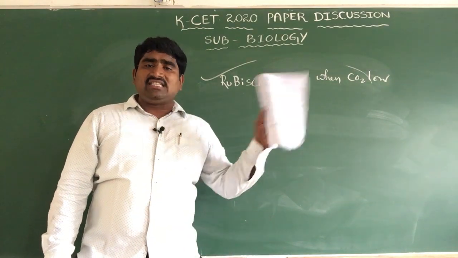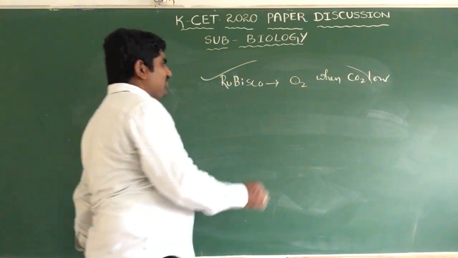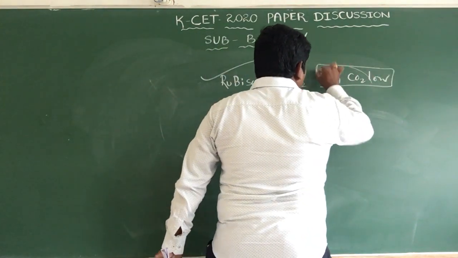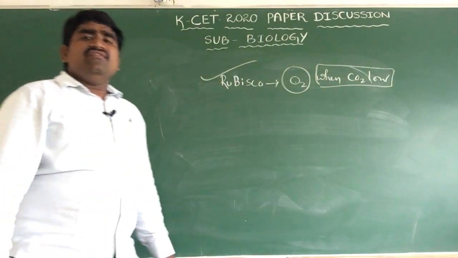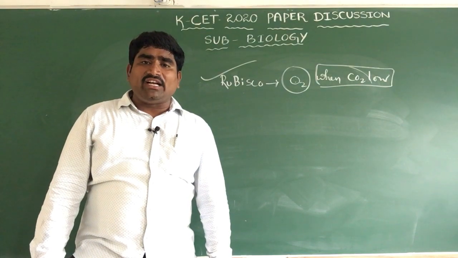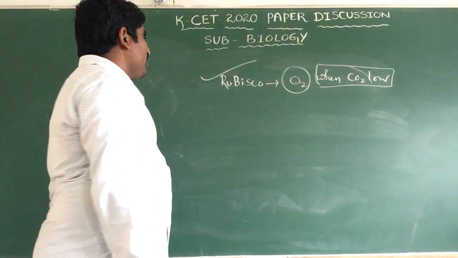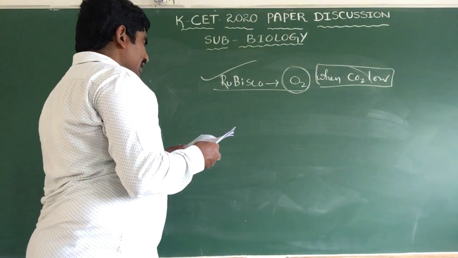So C4 plants have avoided photorespiration. Photorespiration is because of less CO2 concentration, and then Rubisco combines with oxygen. So this is a right statement. When carbon dioxide concentration is less, Rubisco has more affinity towards oxygen.